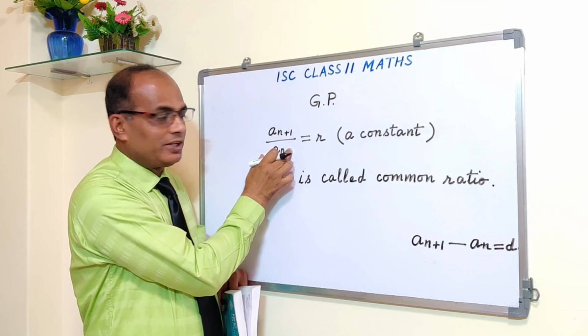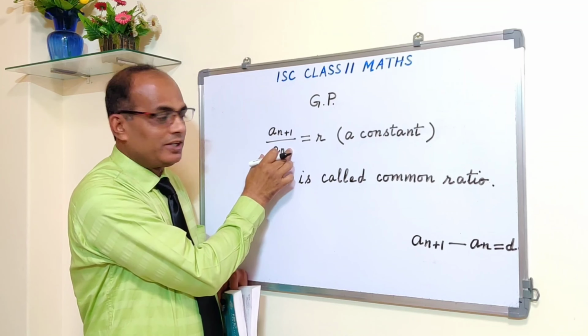So if in a sequence the ratio a(n+1) upon a(n), the ratio between any two consecutive terms, is a constant, then that sequence is called a geometric progression. For example, one term is a(n), the consecutive term is a(n+1). So a(n+1) upon a(n) is a constant, and that constant we call r.